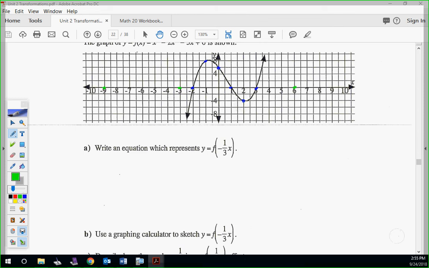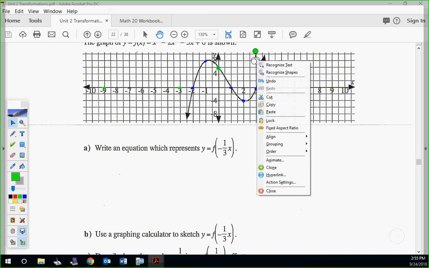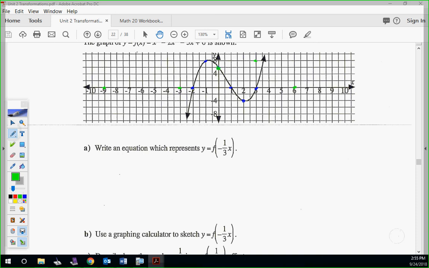So we know y-intercept stays the same, so we can just go ahead and mark this green. This is at negative 1. So this same height's going to be at 1 times by 3. So times by 3 would get me to 3. Right there. Okay, and this one down here I have, this is at 2.